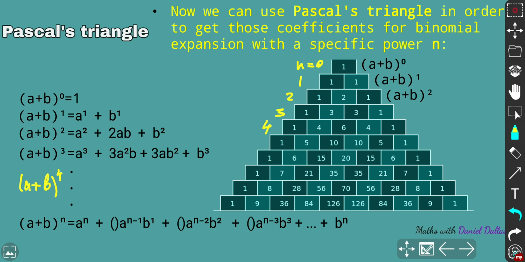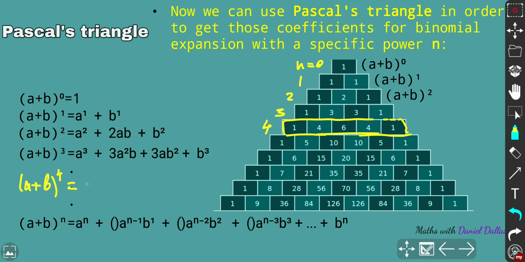For a plus b to the power 4, we use this row, which gives us coefficient 1 before the first term, 4 before the second one, 6 in the middle, and 4 and 1 corresponding to the previous term and the last term.